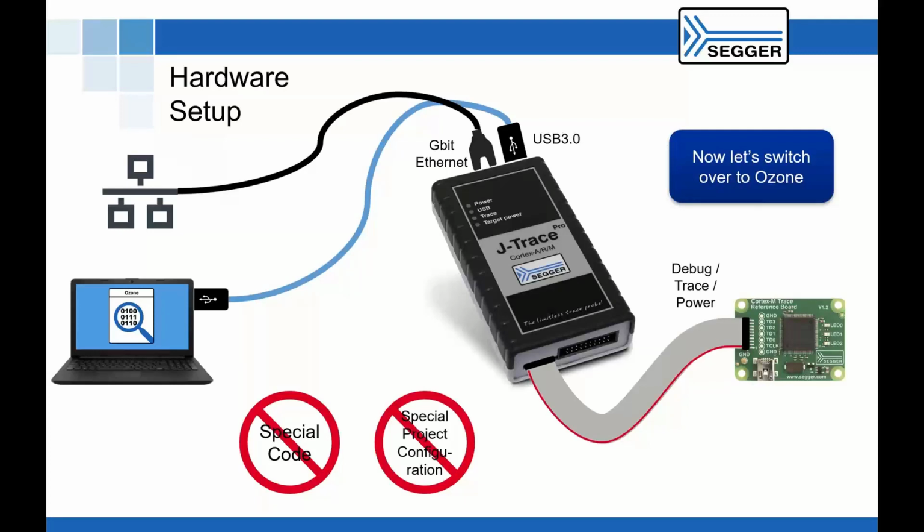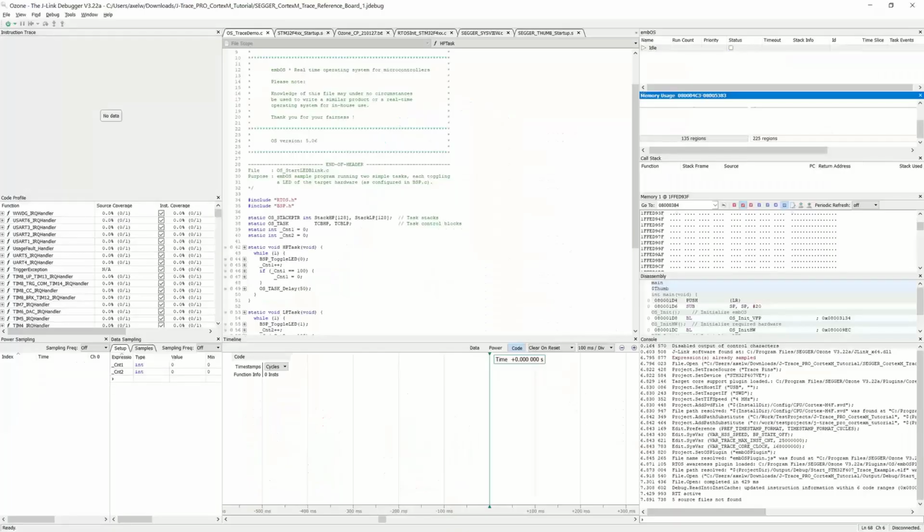So now we can actually switch over to Ozone. Let me bring up our Ozone debugger. So you should see that here. Let me just give you a quick orientation of what we're looking at. So in the center here, the center window is our code viewer. So you have access to all your source code.